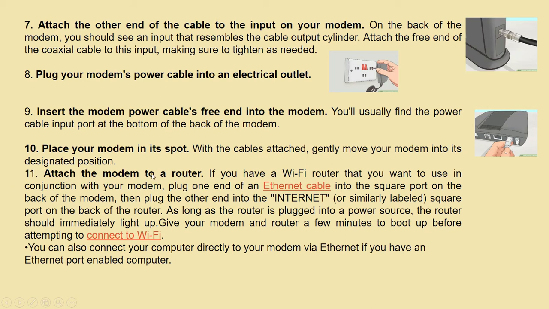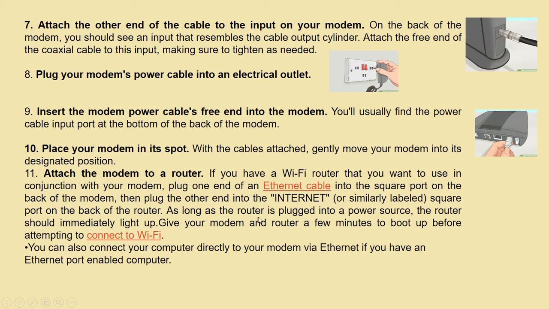Then attach the modem to a router. If you have a Wi-Fi router that you want to use in conjunction with your modem, plug one end of an Ethernet cable into the square port on the back of the modem, then plug the other end into the similarly labeled internet square port on the back of the router.